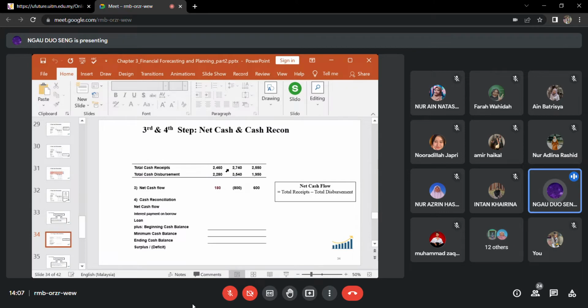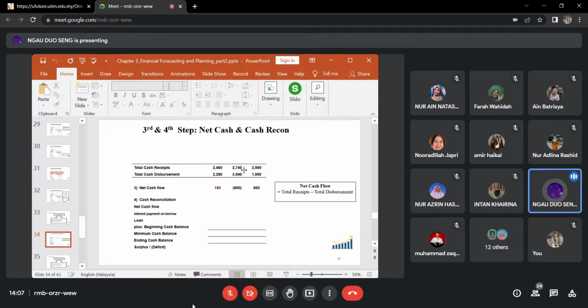Then for February, we have 2,740 minus 3,540. So it is negative answer. So in cash budget, to show it is negative, we put a bracket. We put a bracket here, indicate this one is a negative answer.